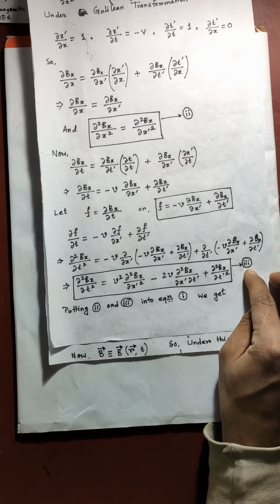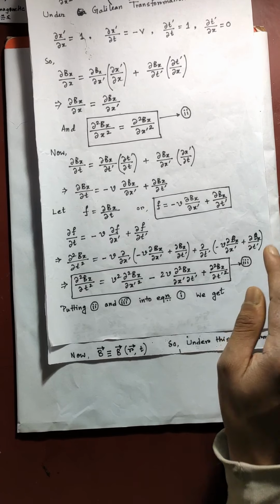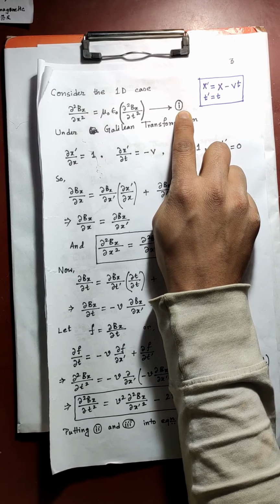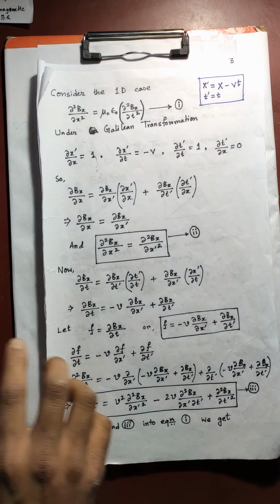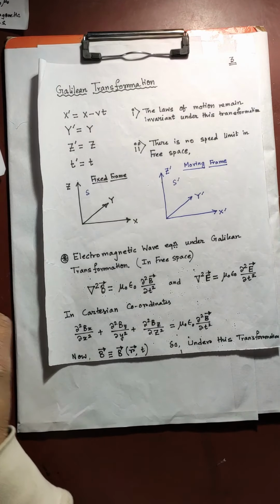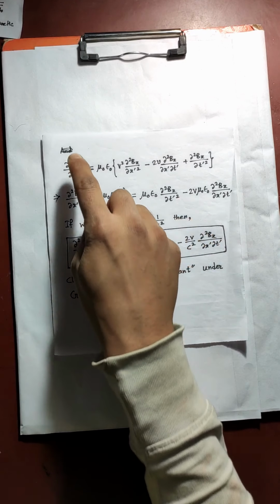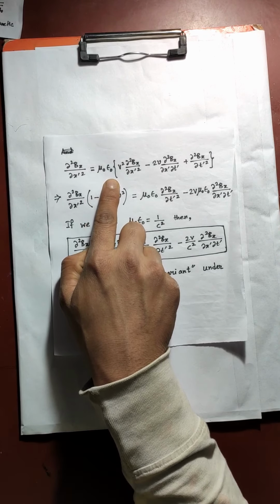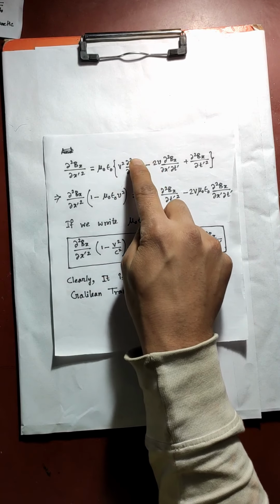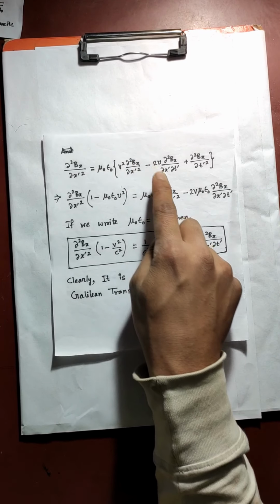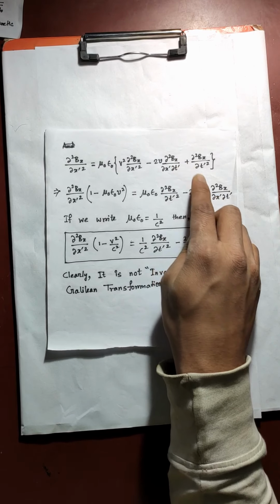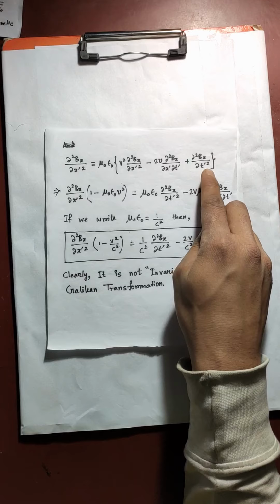Now this is equation 3. I am substituting 2 and 3 into equation 1. So what will we get? We will get del x prime square Bx equals mu naught epsilon naught times v square del x prime square Bx minus 2v del x prime del t prime Bx plus del t prime square Bx.